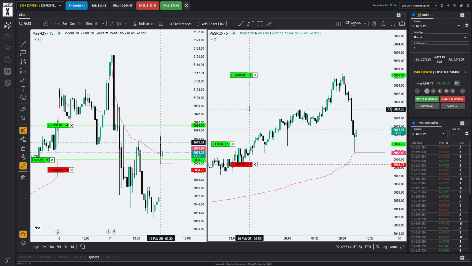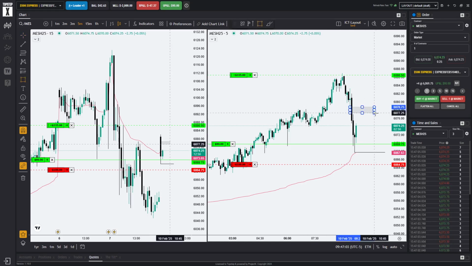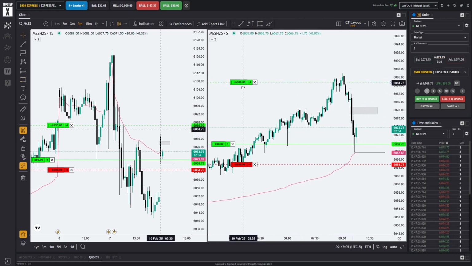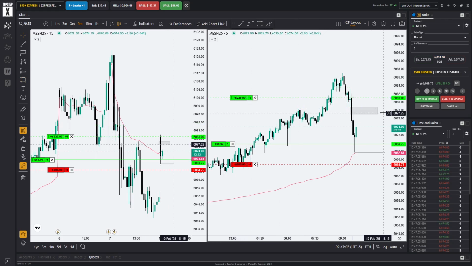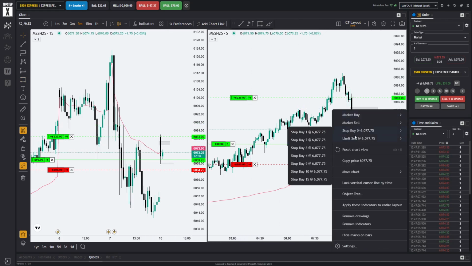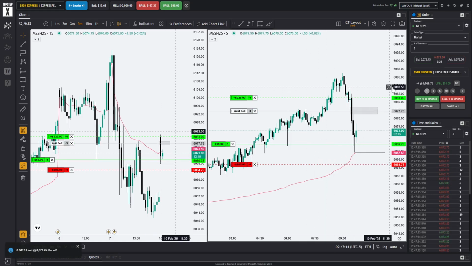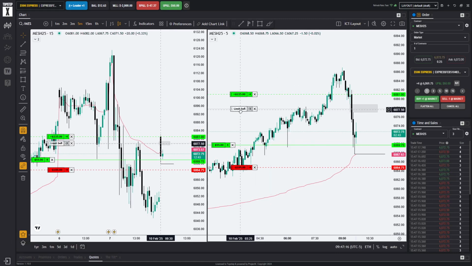Not a lot, but there is some. There's this fair value gap here. So we have to sell something there. Limit sell. I'm gonna sell 3 into this fair value gap.